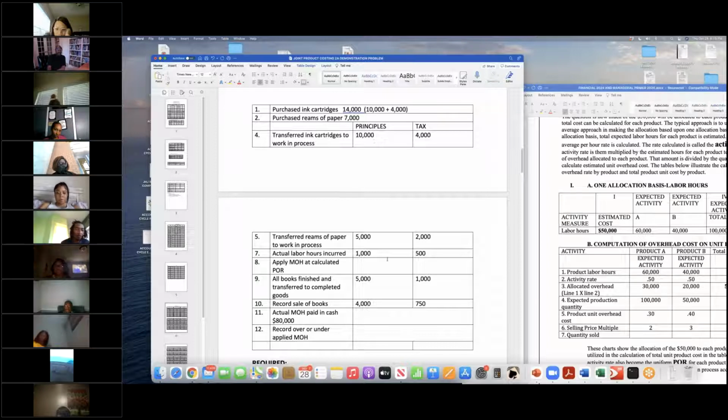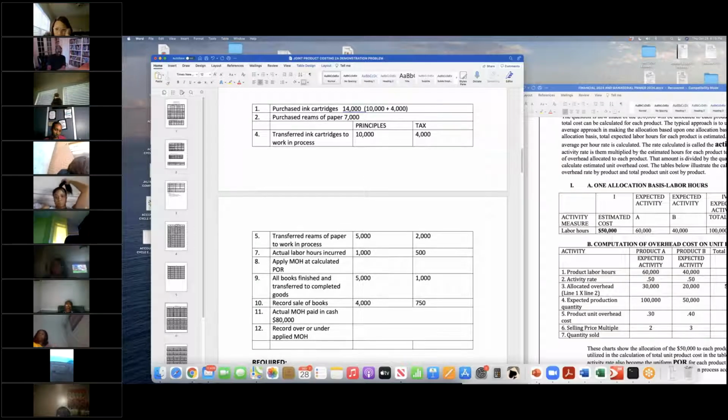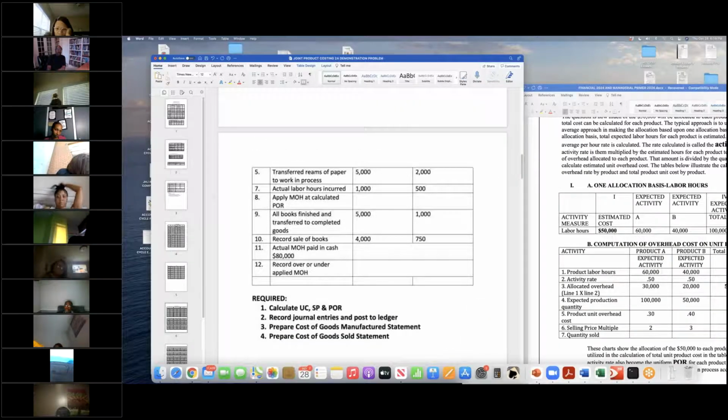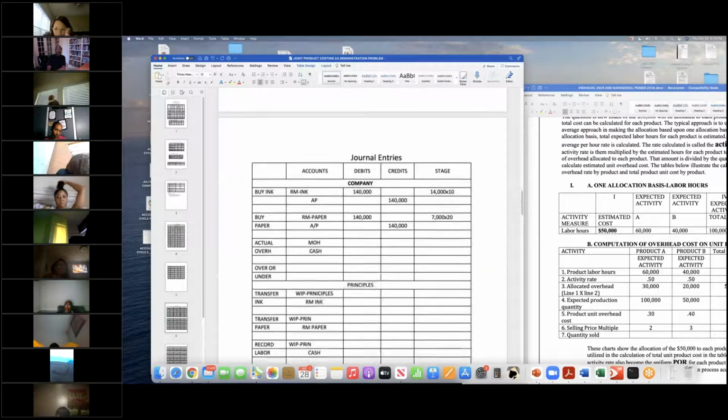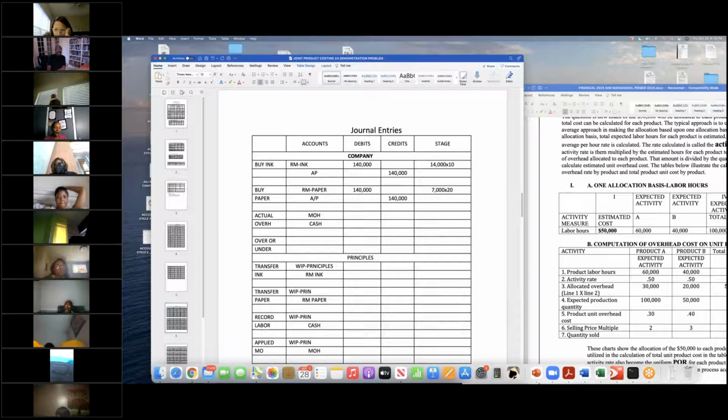We'll just do the principal's line, then you come back and do the tax line. So we transfer 10,000 ink cartridges to work in process for the principal's book, times 10.